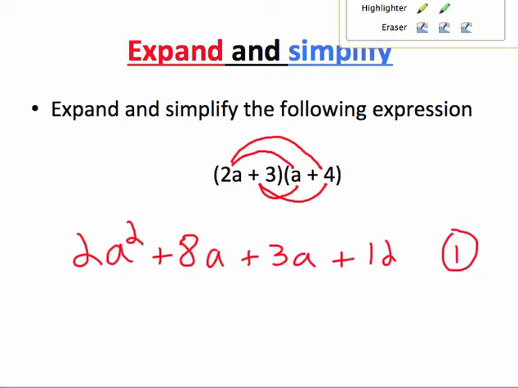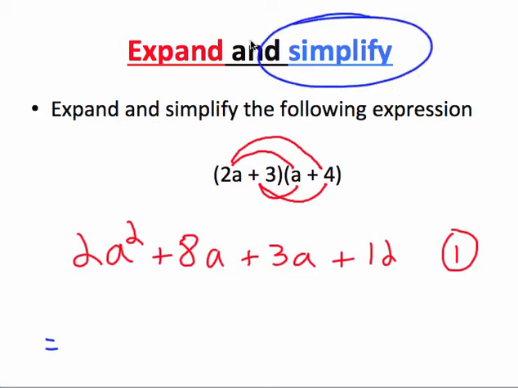Do I stop there? No, I do not, because I want my second simple mark for simplifying. Change the blue pen as well. So I think, right, how many lots of A squared do I have? This time I've got 2 lots of A squared, so I put 2A squared. Now how many lots of A have I got?